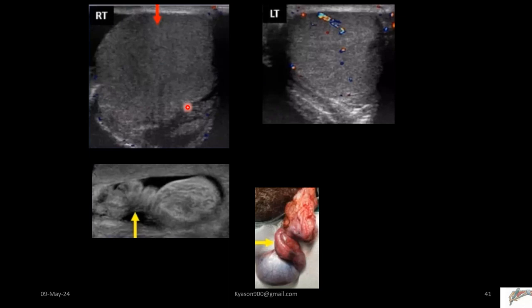Okay, and you can see that here very well. Then also the arterial blood flow is not going to be detected within this testicle because of the blockage of the testicular artery. So you can see the twisting of the cord also appreciated in this image, but also in this image. So this condition can be diagnosed simply by ultrasound.